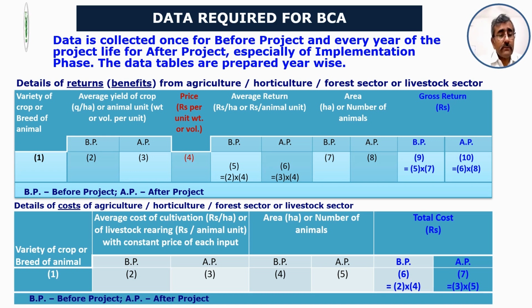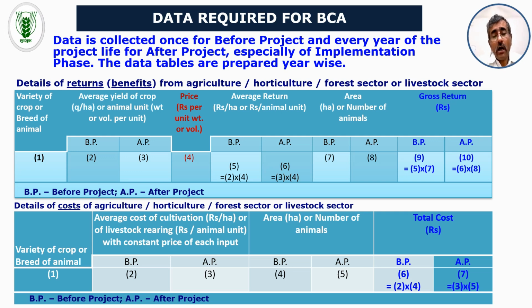In case of costs, again we have the variety of crop or breed of animal. The information used in the first column of the returns table will be the same in the first column of the cost table. Then we have the average cost of cultivation or livestock rearing at constant price of each input before project and after project.